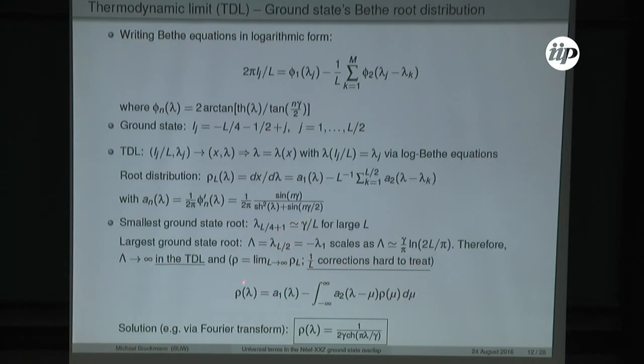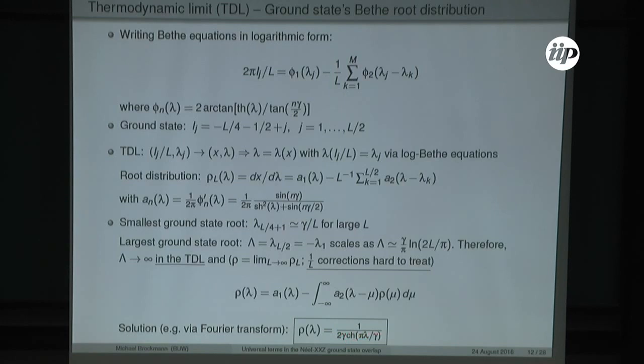So you can replace the sum by an integral, integrating from minus infinity to infinity, to get the thermodynamic limit of the root distribution for the ground state. This can be solved easily, for example by doing the Fourier transform of this equation, and then you get rho of lambda as a solution of this linear integral equation, which reads 1 over 2 gamma cosh of pi lambda over gamma.